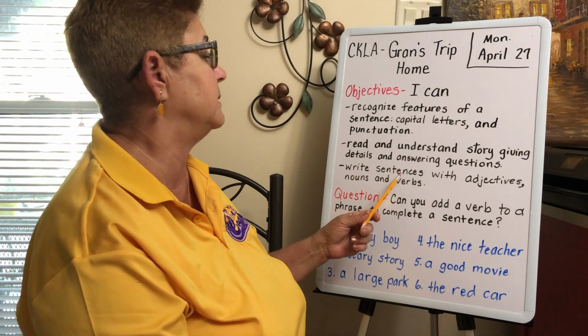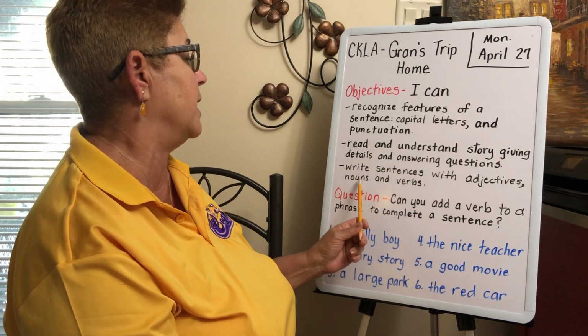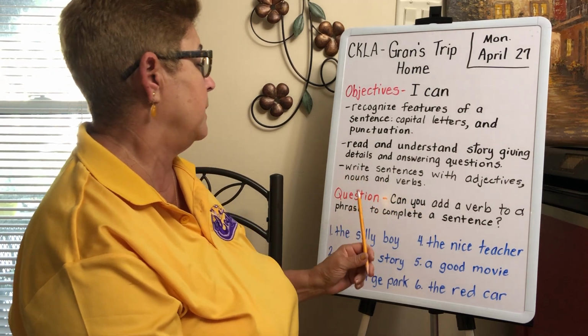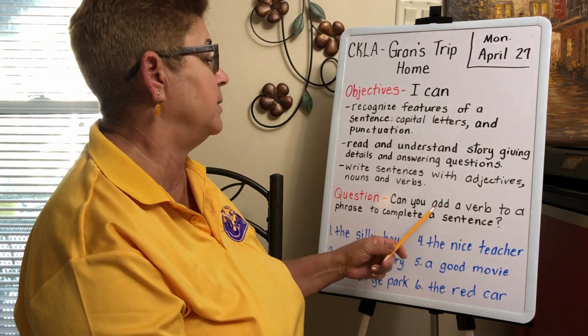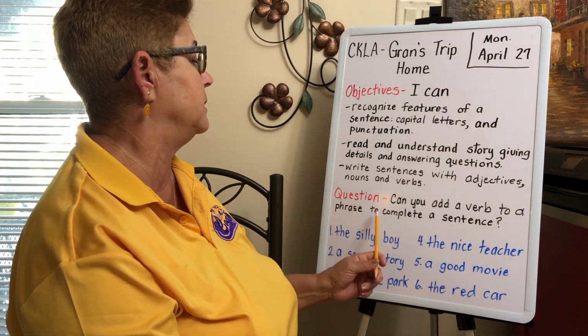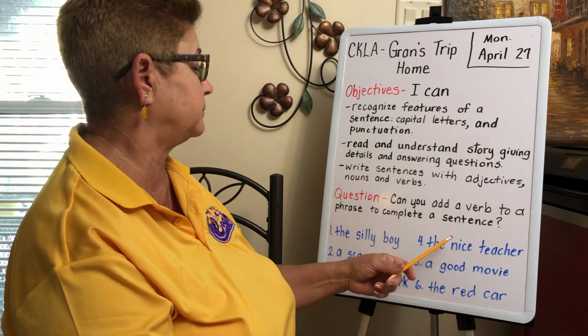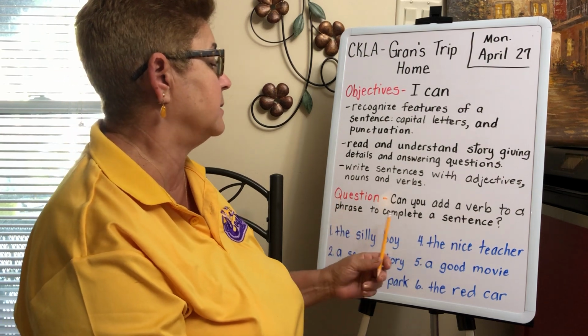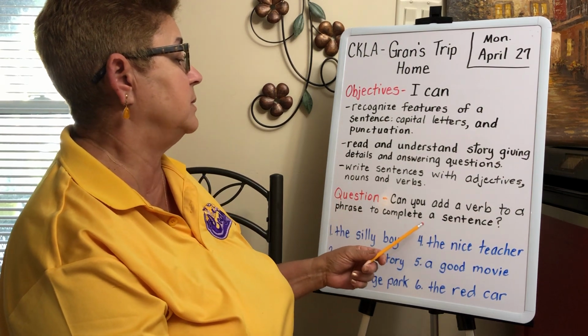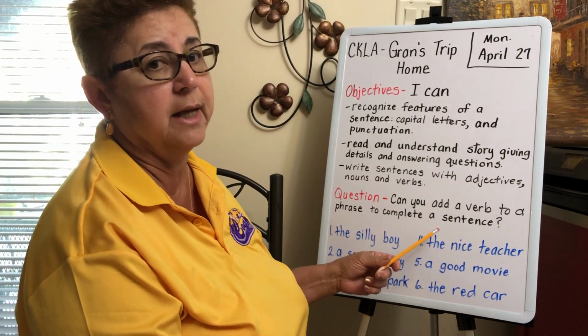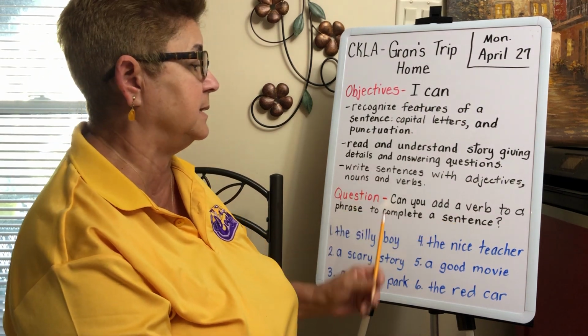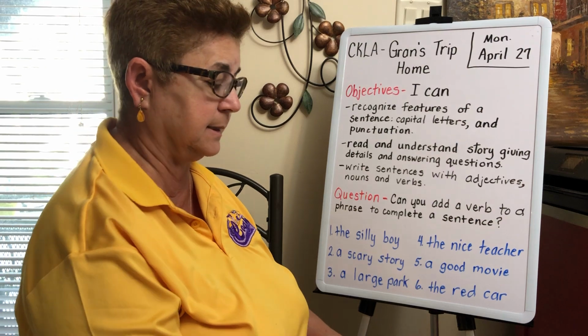I can write sentences with adjectives, nouns, and verbs. The question is, can you add a verb to a phrase to complete a sentence? And the phrases are going to have nouns and adjectives, and so you're going to have to add a verb so that the sentence is a complete sentence.